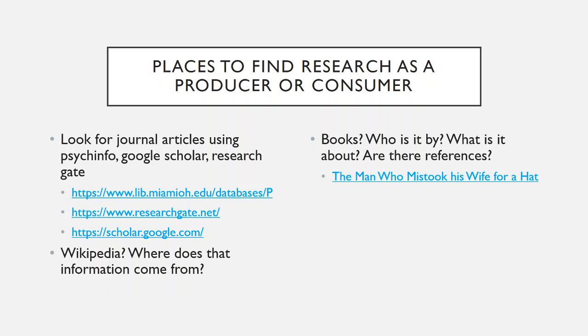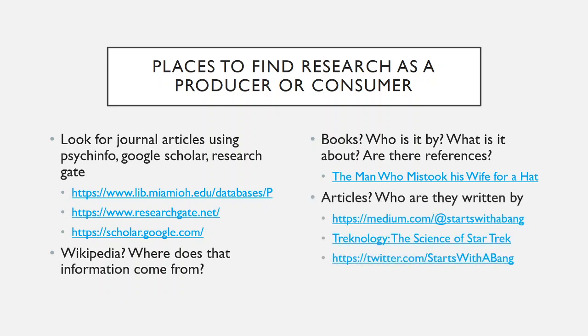The Man Who Mistook His Wife for a Hat is one of his most famous, but really, I've never been disappointed by an Oliver Sacks book. So it is pop psychology. It is written for the mainstream, but it's by someone who had a really good, solid reputation and did really good, solid work. His books are not only entertaining, they're also very educational, very informative. So you just need to do your own due diligence and look into the author of the book and whether or not you trust them.